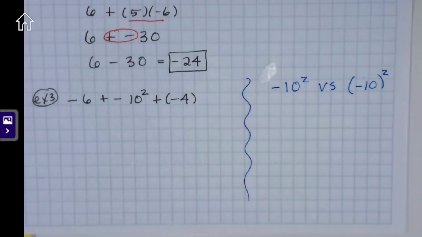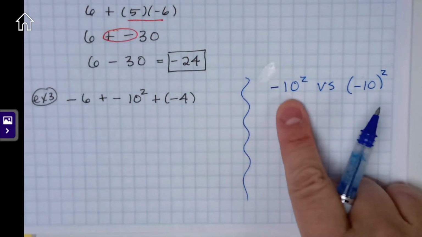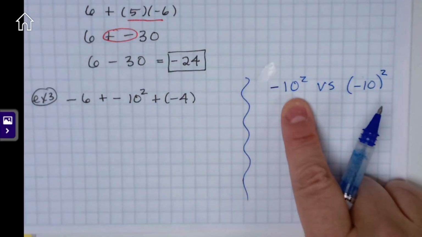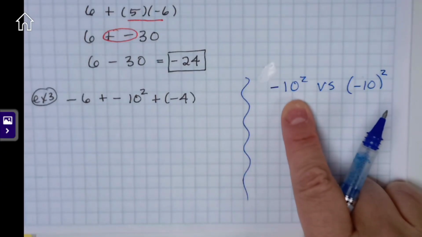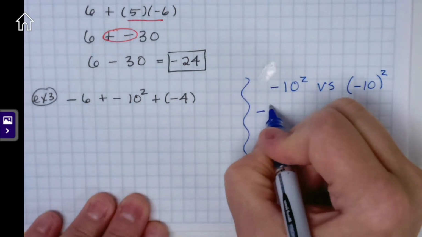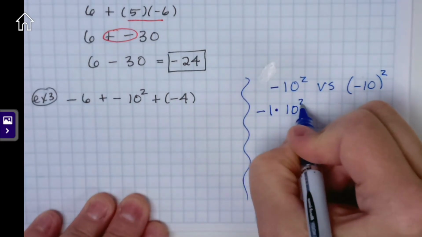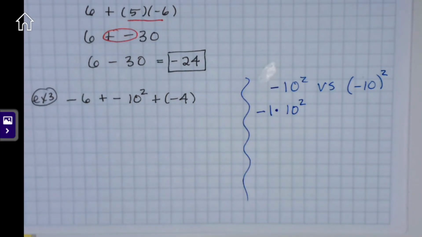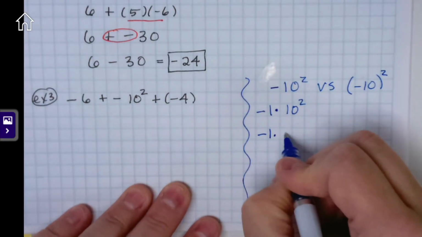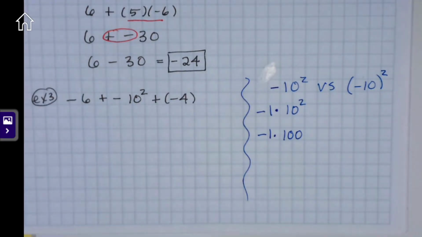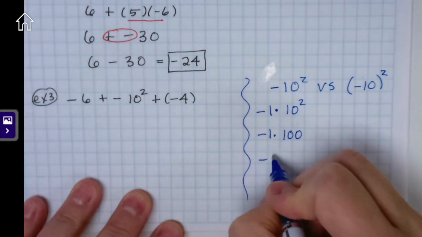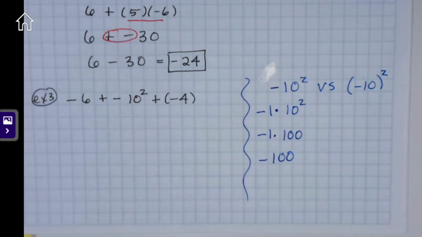The one on the left, because there's no parentheses, the 10 is being squared, the negative isn't. So what it really is a negative 1 times a 10 squared. That's what that is. We just don't put the 1 in the dot. So when you square 10, 10 times 10 is 100, you end up with negative 1 times 100, which is negative 100.